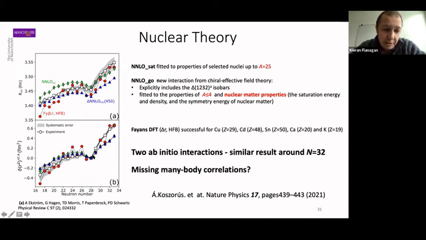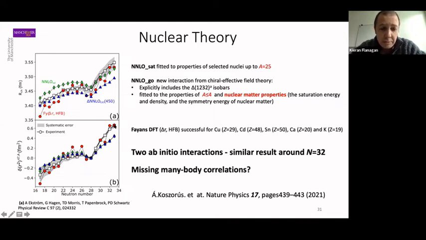And what we see here is that the DFT calculations do a much better job at reproducing the overall trend, perhaps with slightly higher volume staggering around the mid-shell following the calcium effect, but reproducing the overall increase as we go towards n equals 32 and beyond.